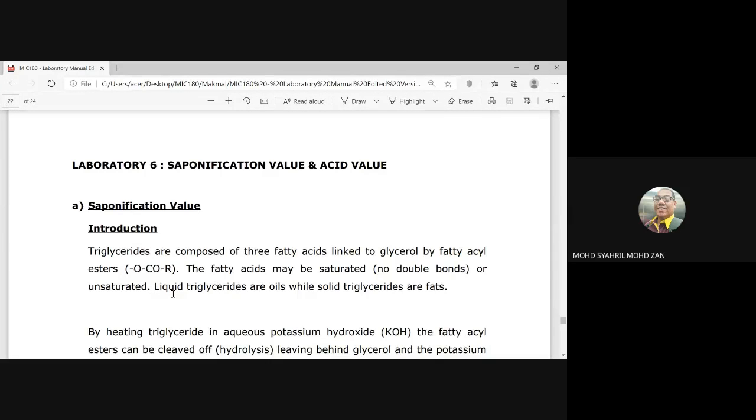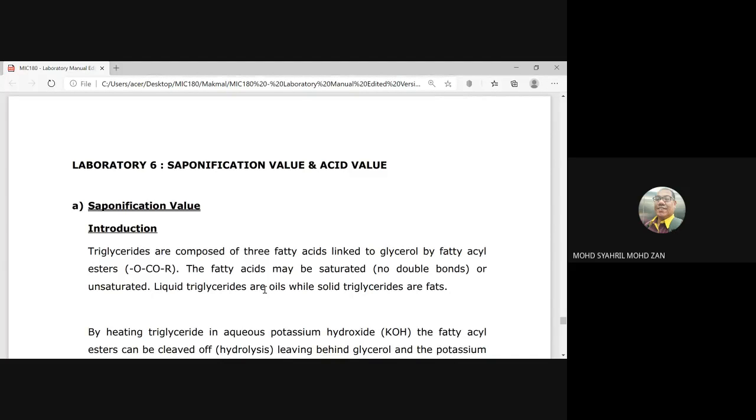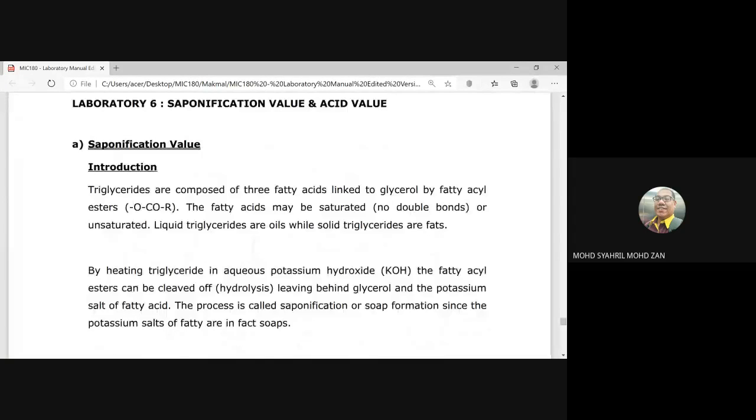The liquid triglycerides are oils, mostly unsaturated, and they come from plants, for example peanuts. The solid triglycerides are fats, which come from animals.